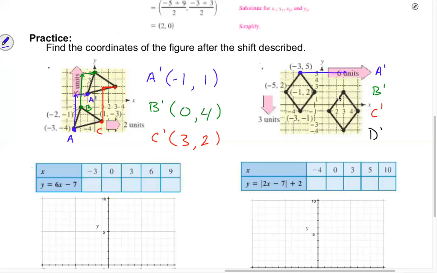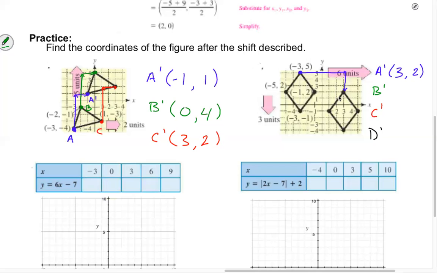And we're going to go down 1, 2, 3. So from (-3, 5), well, let's go to the right 6 units from -3. So -3 plus 6 is 3. And down 3 from 5, that's 2. So we're at (3, 2).